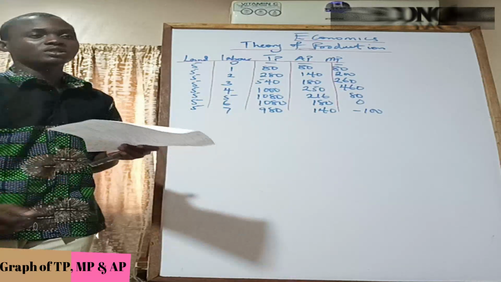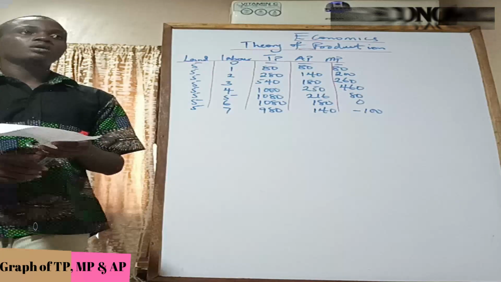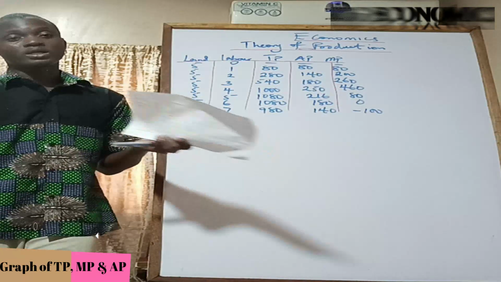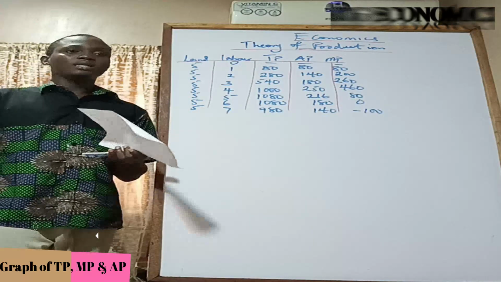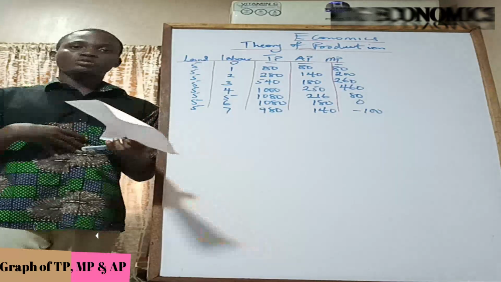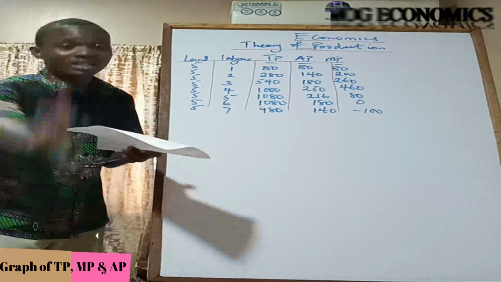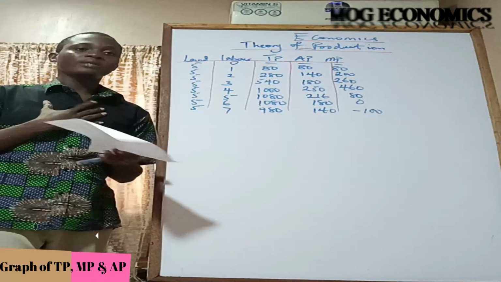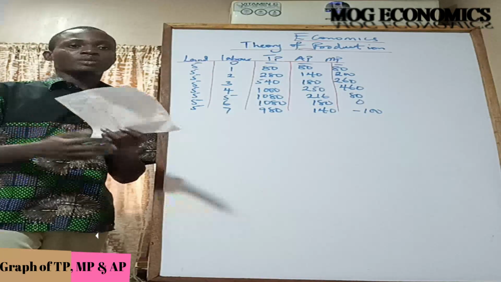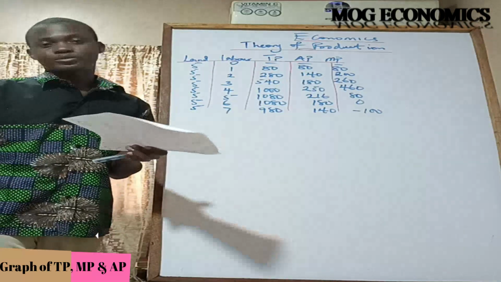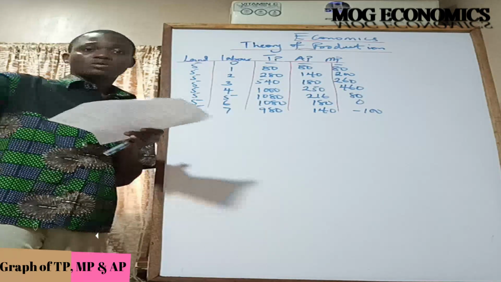If I were to employ you, for example, and say come and work at a bakery. I love using the bakery example, it's kind of easy. And then I employed you and you produce 200 loaves of bread. That's your marginal product. That's your additional contribution to the advancement of my bakery. If I employ a second person and the person gives me 250 loaves of bread, that's the person's additional contribution.